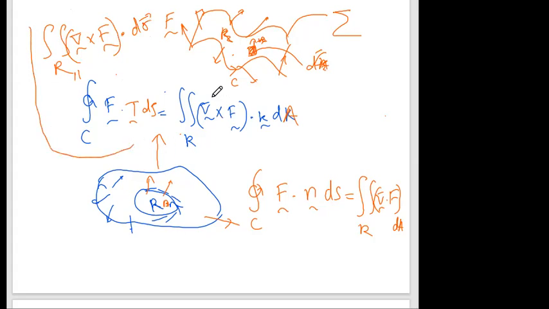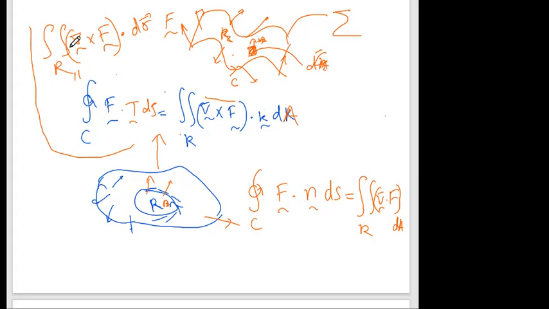Same thing here. Here you have the kth component of curl of F, right? Circular density. Now in general, look at this. So curl, circular density throughout this entire surface.